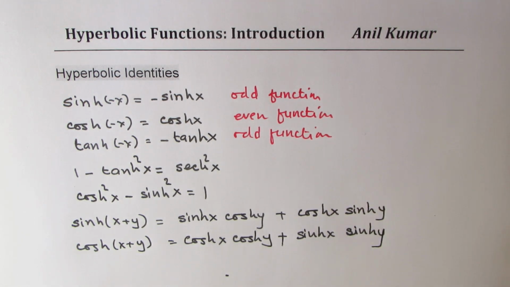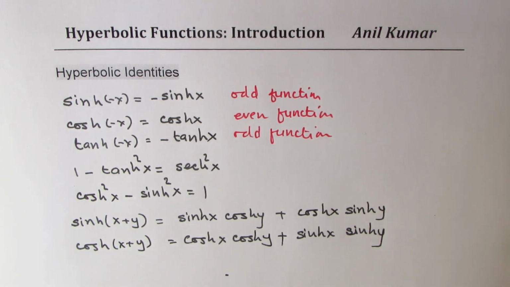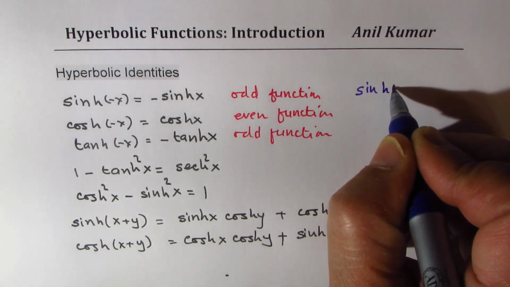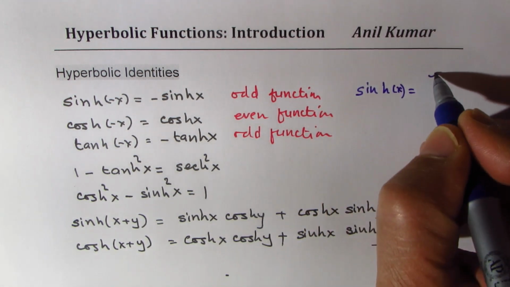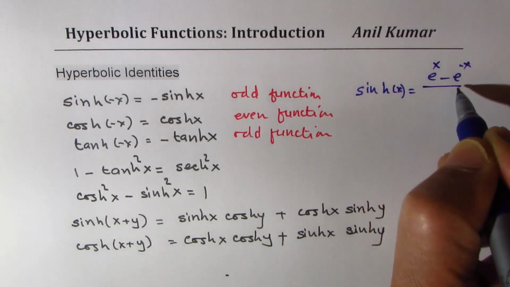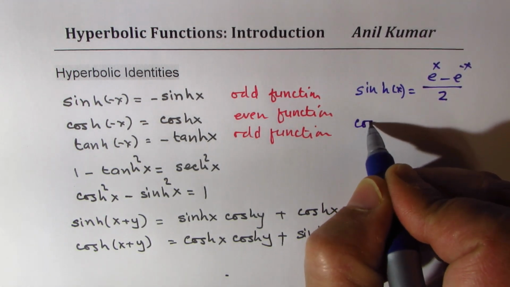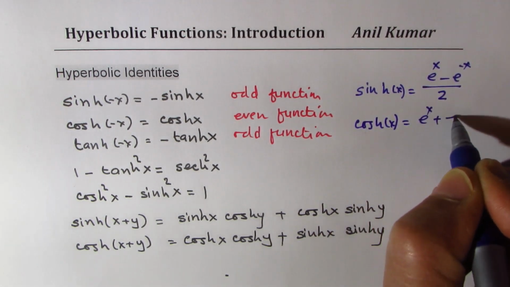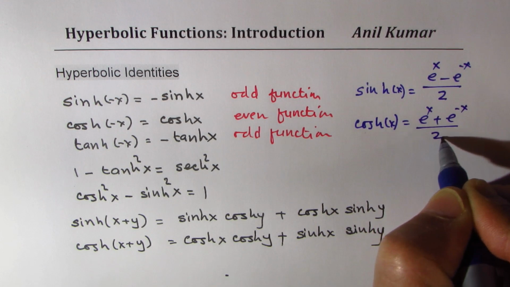Now these are the identities which are true for all the hyperbolic functions, and we can always prove them by knowing that, well, we know what sine hyperbolic x is, right? We know sine hyperbolic x is equal to e to the power of x minus e to the power of minus x over 2. Cos hyperbolic x is equal to e to the power of x plus e to the power of minus x over 2.